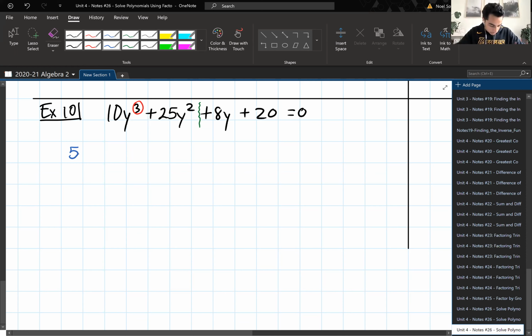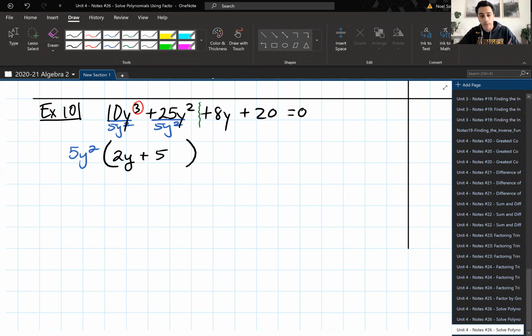So definitely want 5y squared factored out of both of these. That leaves us with 2y plus 5. Now let's take a look at the next 2 terms, 8y plus 20. What do they both have in common there?